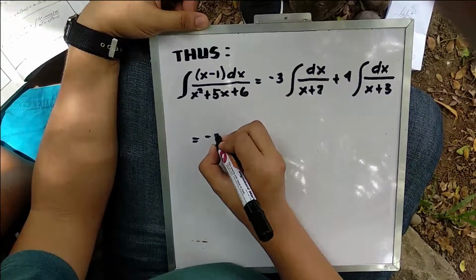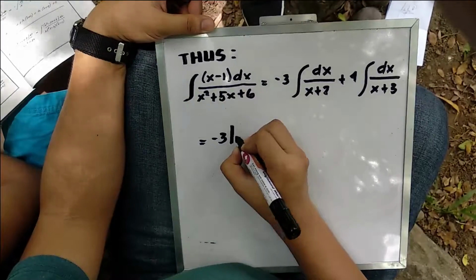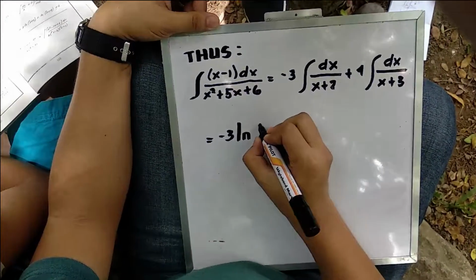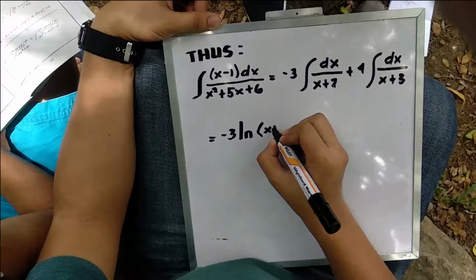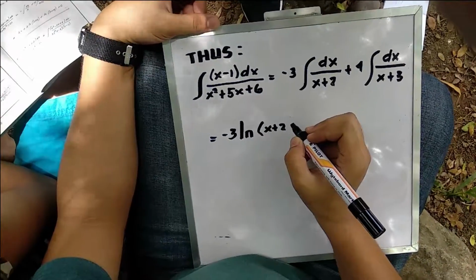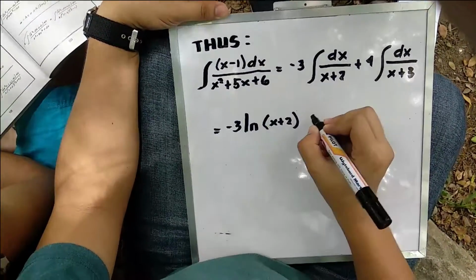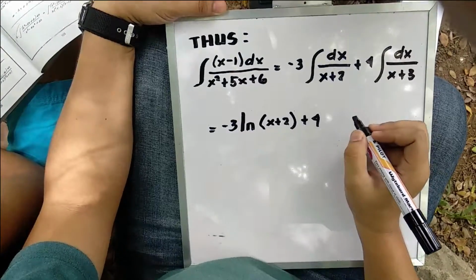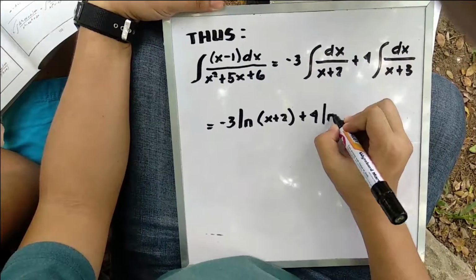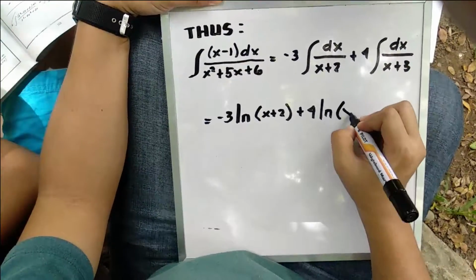The answer will be negative 3 ln absolute value of x plus 2 plus 4 ln absolute value of x plus 3 plus c.